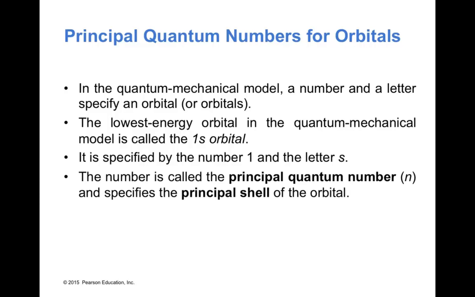The number is called the principal quantum number, or the letter n, and specifies the principal shell of the orbital. So that's the meaning of the number. It tells us the principal shell of the orbital, and is also known as the principal quantum number.